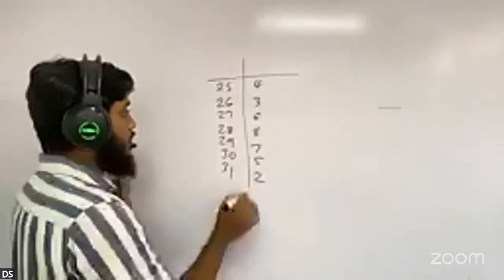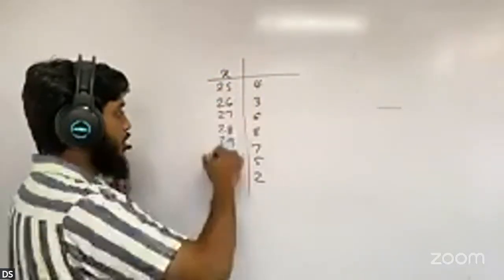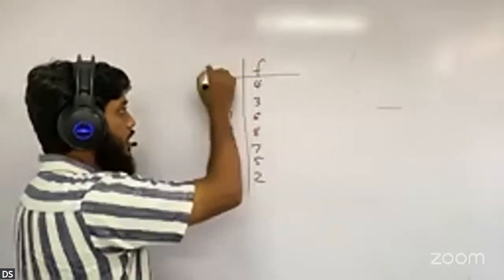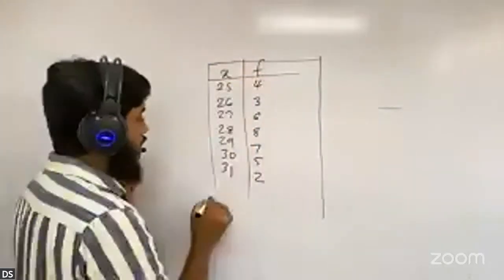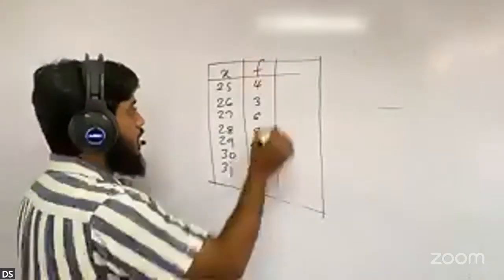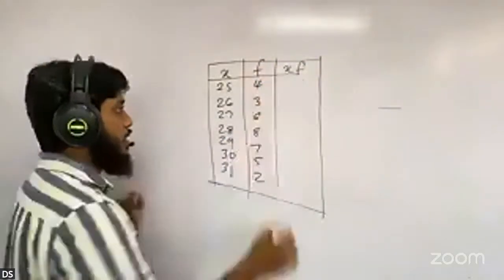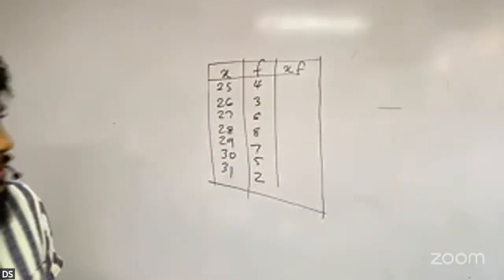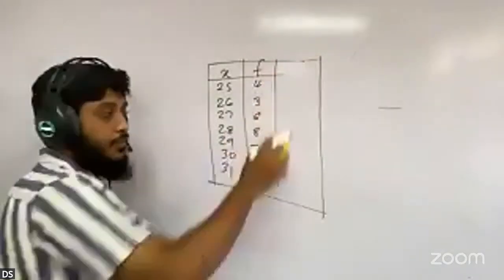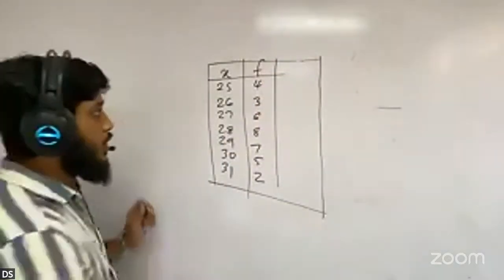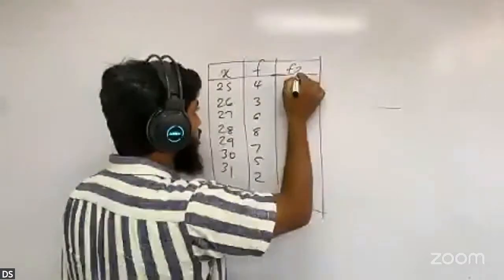This one you can take as x, the number of units consumed. This frequency you can take as f. After that, you have to multiply x and f together, and you will get fx.